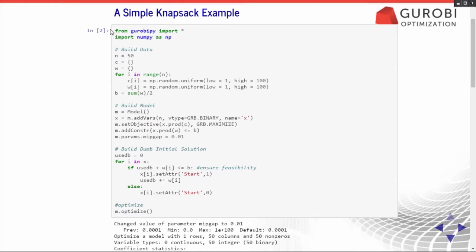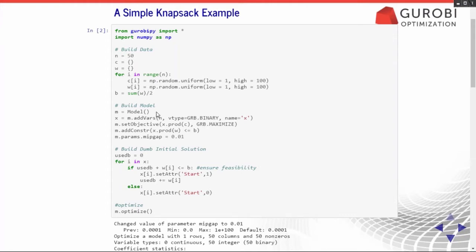In this example, we are running from Gurobi and using NumPy to generate both the cost function and the weight function for a one-constraint knapsack problem with, in this case, 50 variables. The random values go from 1 to 100, and I'm going to set the capacity to be the sum of all the coefficients in the weight.